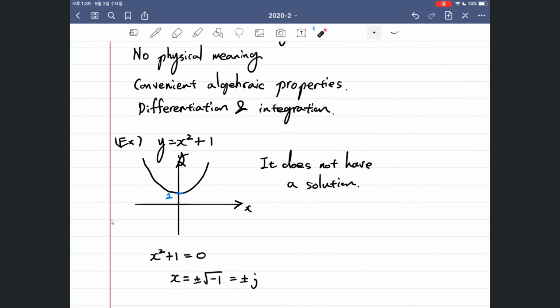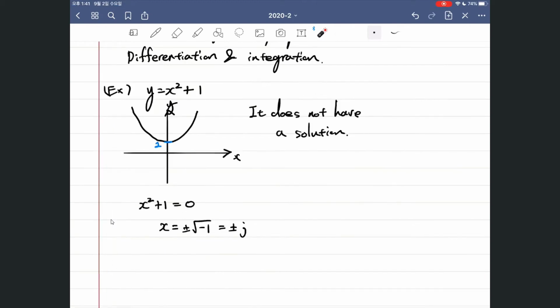So in the real part, it does not have a solution, but if you extend this to the imaginary axis, one more dimension, then you can get it. Physically, it does not mean anything, but you can think of it in this way.